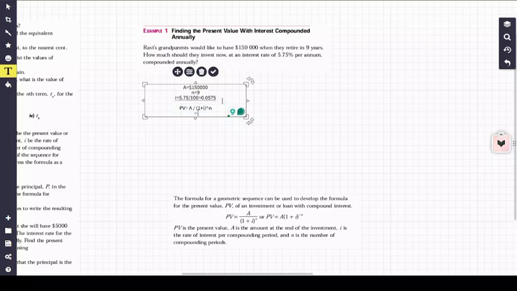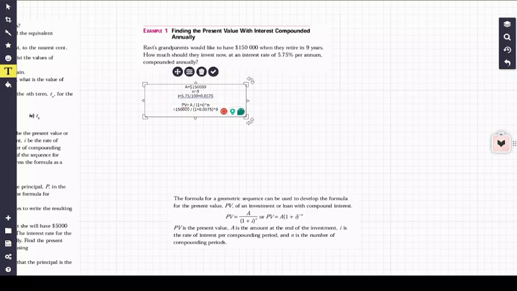So that's going to give us $150,000 over 1 plus 0.0575, sorry, 0.0575, to the ninth power. So let's give that calculation a go.